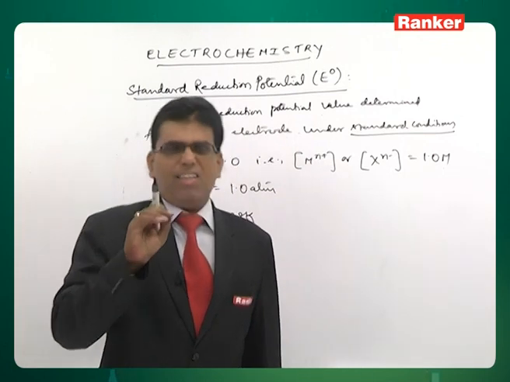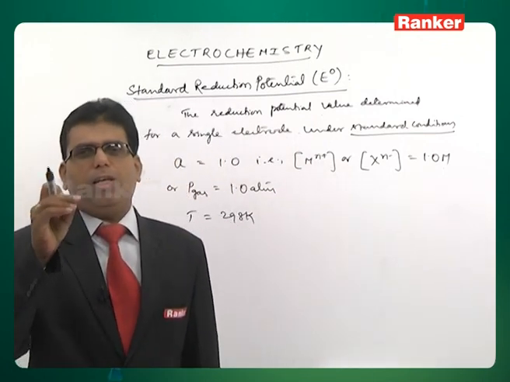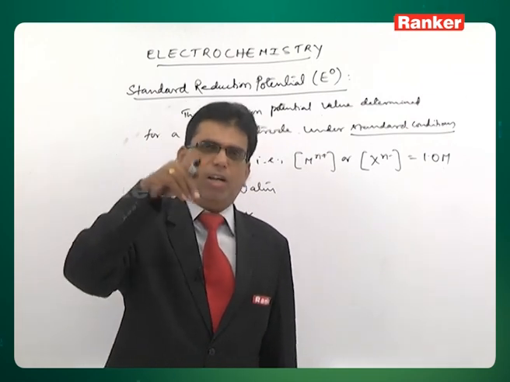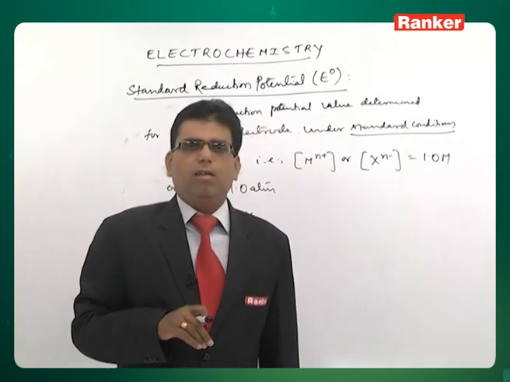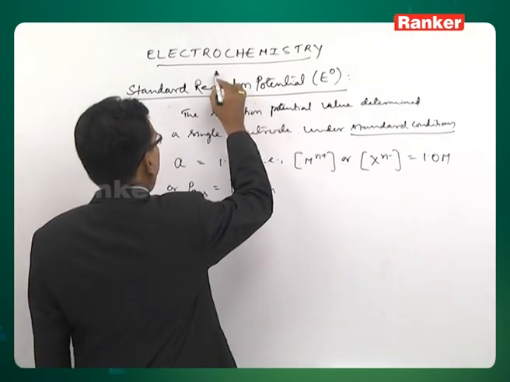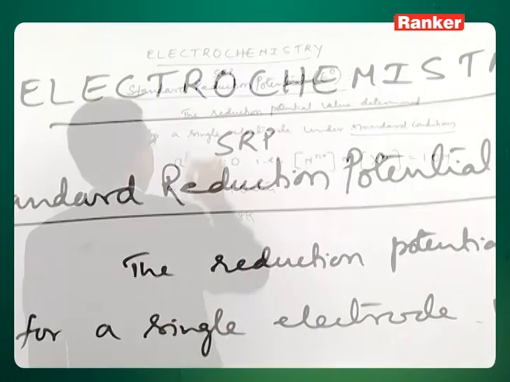Under standard conditions, whatever EMF is measured for any given single electrode is what is called the standard reduction potential, or in brief, also in the books, it is mentioned as SRP.